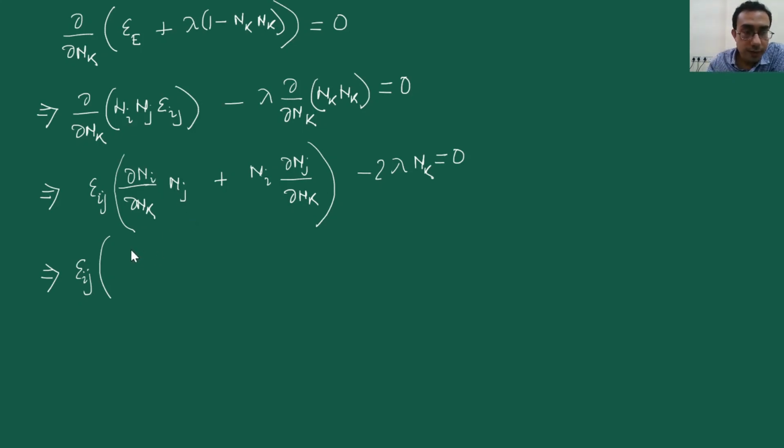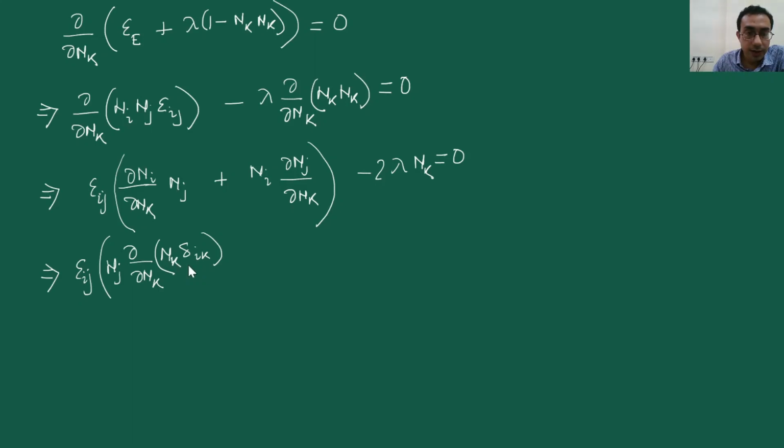So what we'll do is I can write this nj here, otherwise the thing will look cluttered. So this is del nk, and this ni I will write as nk delta ik, where, going by our mathematical preliminaries, we are using the substitution power of the Kronecker delta.